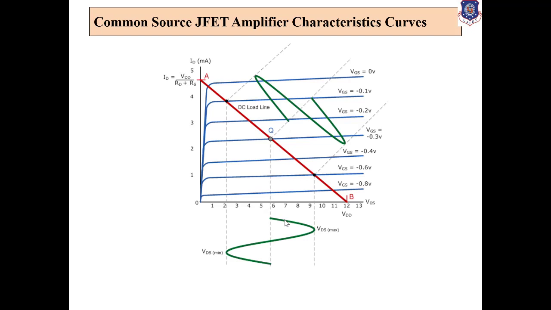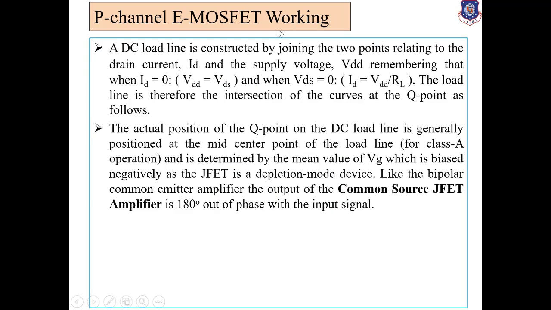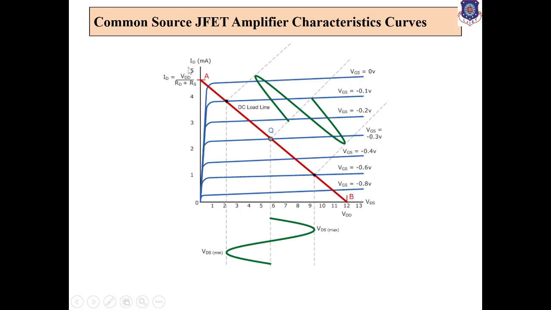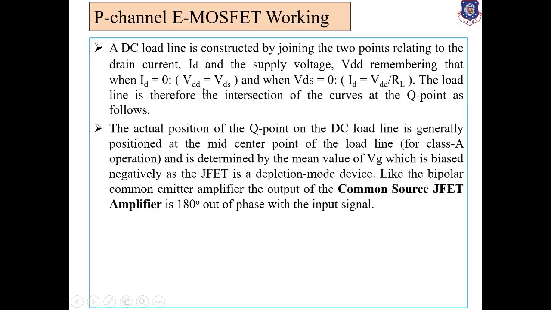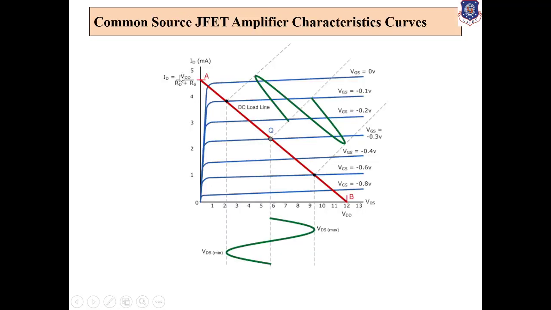This is the graph of the common source JFET amplifier characteristic curve, that means the output characteristic ID versus VDS. Look at this, the output characteristic with the axis names. Simple, this is ID versus VDS, the same graph of output characteristic.